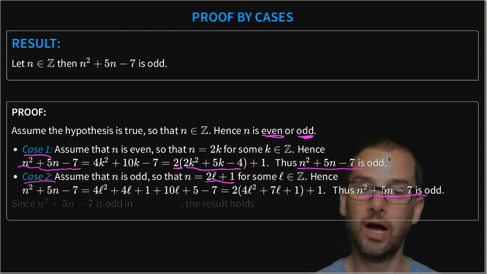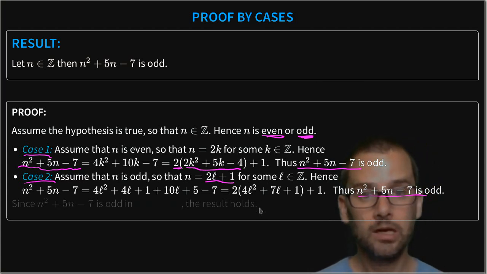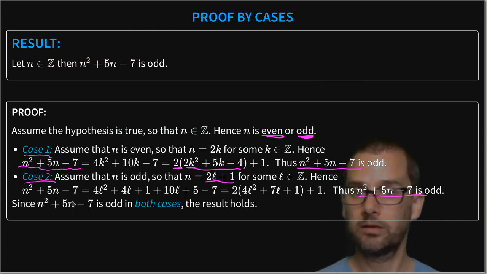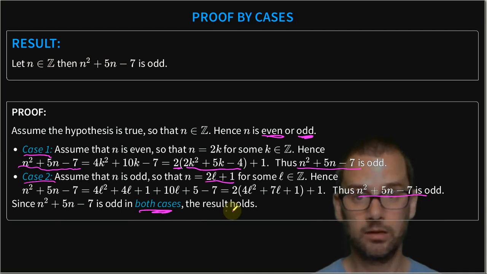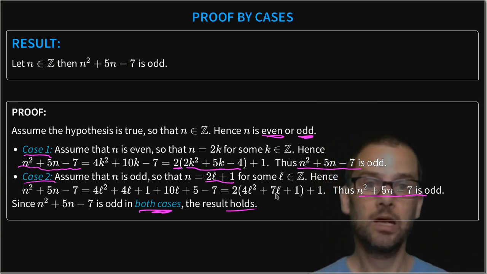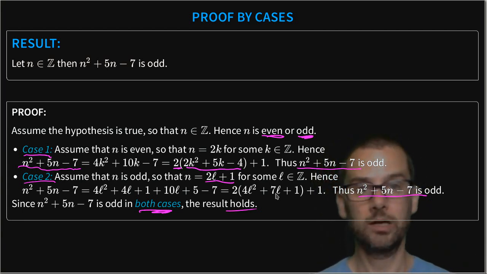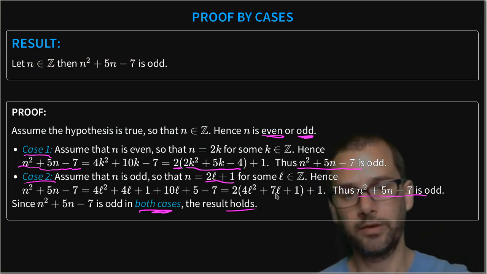So we've proved our two sub-cases independently, and we can put everything back together. We just tell the reader, since this works in both cases, the result works, and we're done. So we break the proof into these two cases and remind the reader, I'm doing Case 1, I'm doing Case 2, and then at the end, since all the cases work, everything's good.